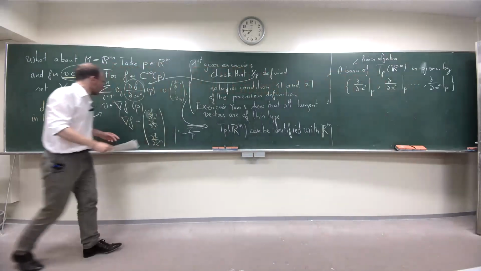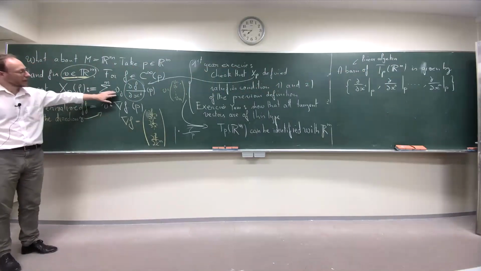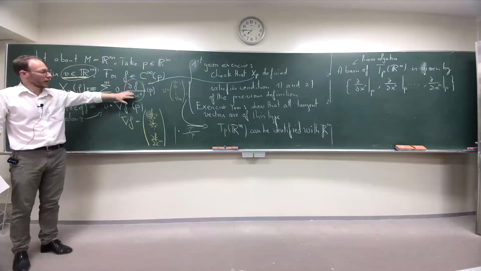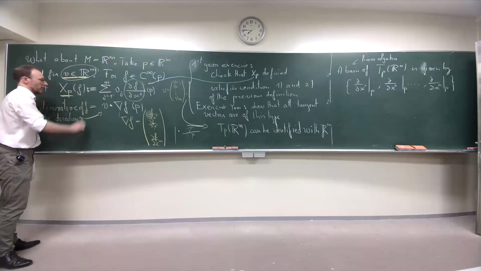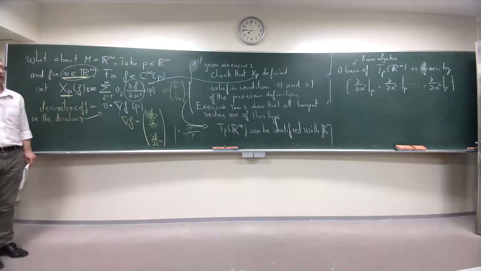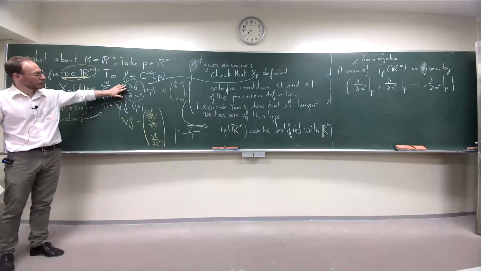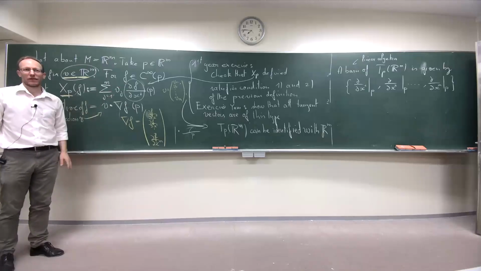Simply because look, any element of this is a linear combination of these elements. So now if you eliminate the f, because we want it to be independent of f, you really have a basis, or all elements can be written as linear combinations of these kinds of things.